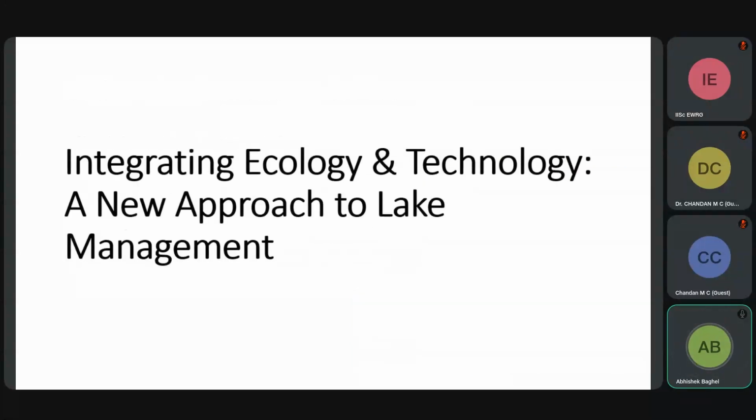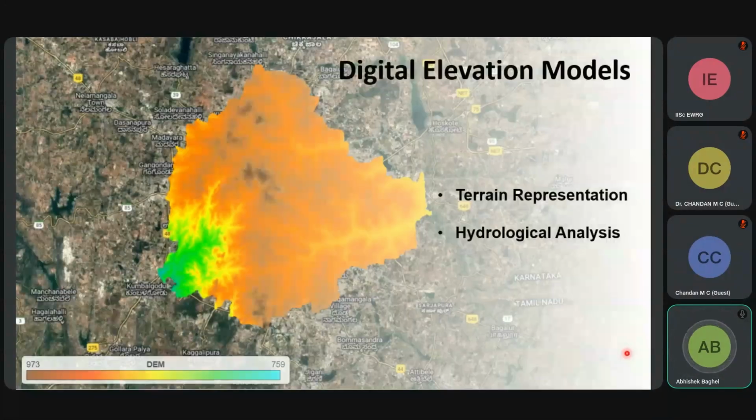So now these three parts, we can integrate all this with technology. I'll go a little technical now. This is the digital elevation model of Bangalore city. Firstly I'll explain DEM, digital elevation model.